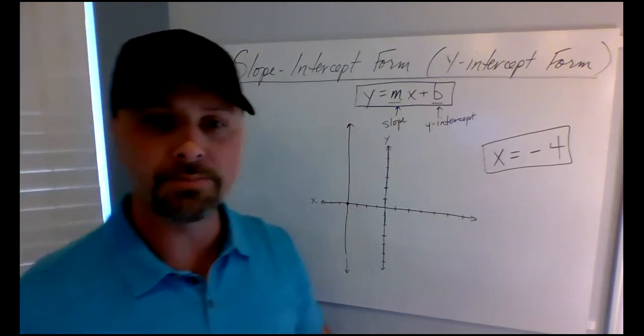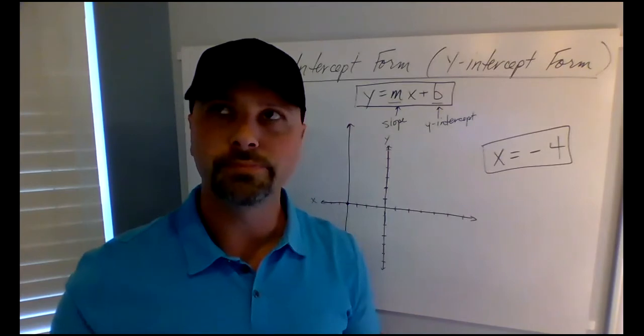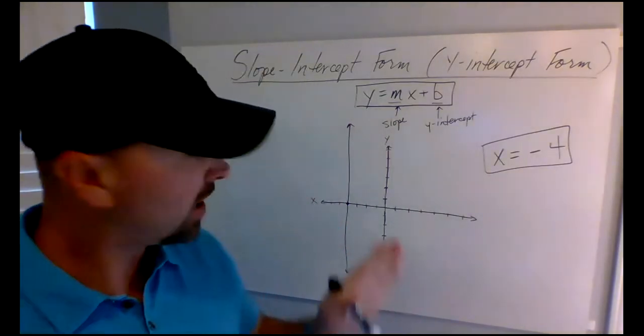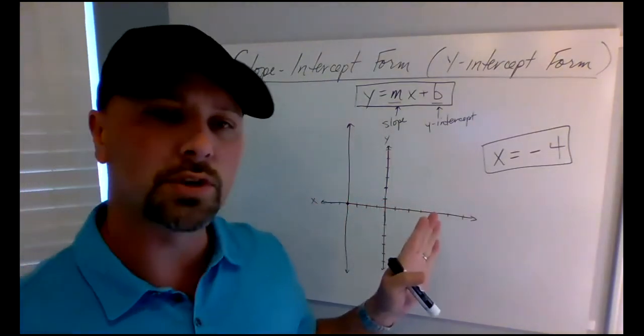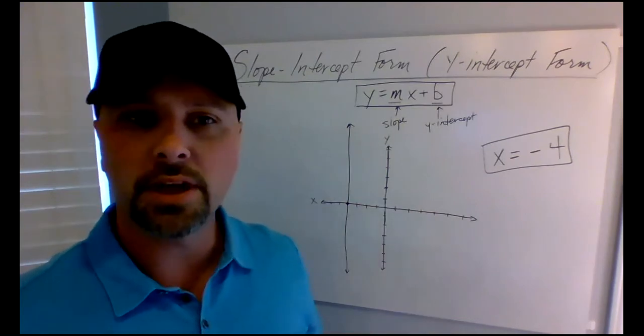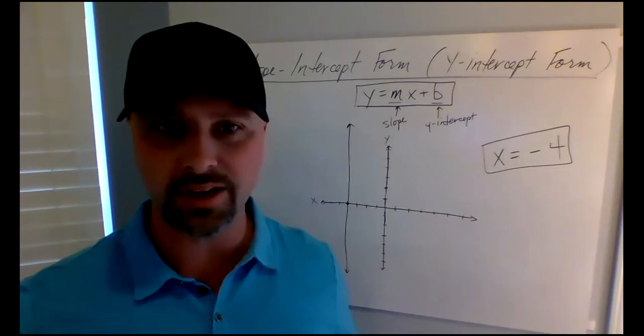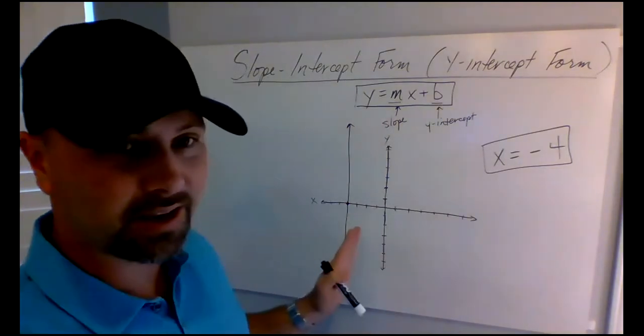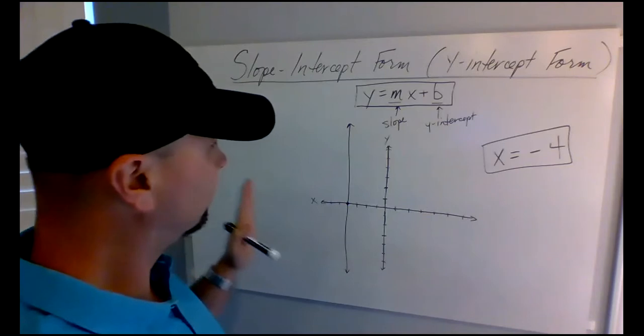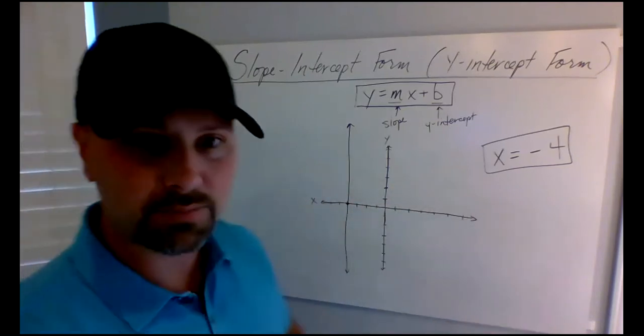If you remember, I think that I told you, a straight up and down line, when we're talking about slope, it is what we call undefined. It doesn't really have meaning to it. What that's saying is that there is no time that can be shown.